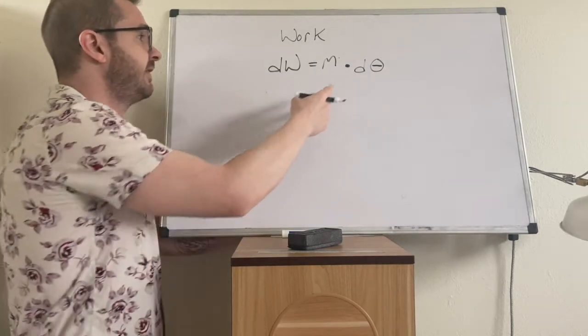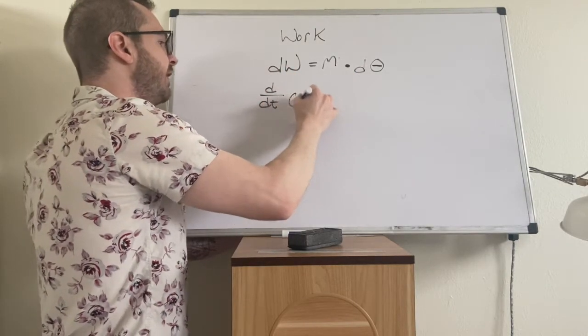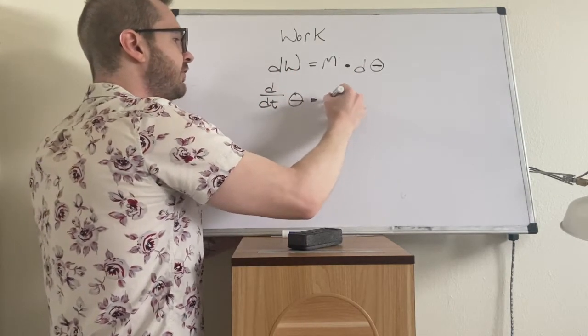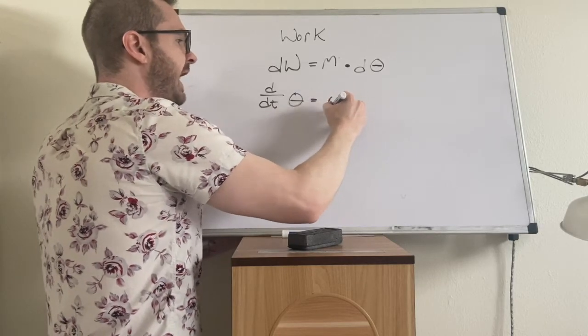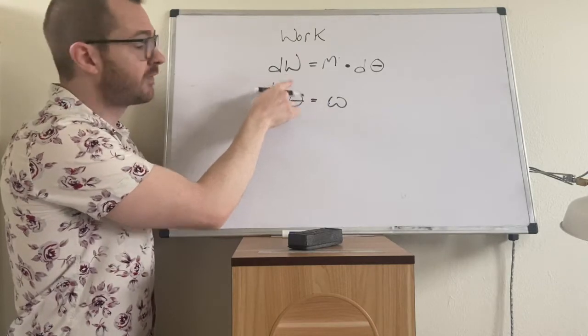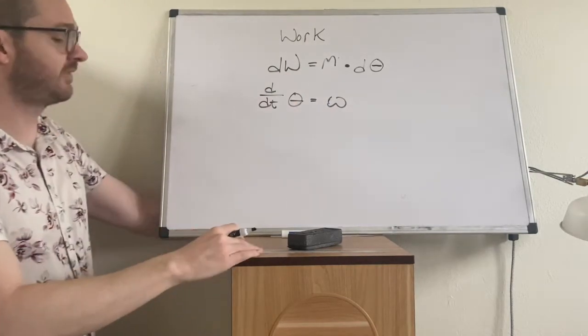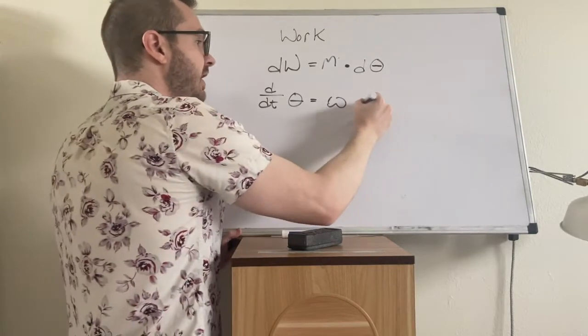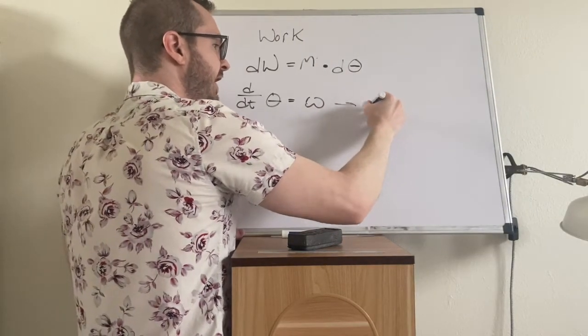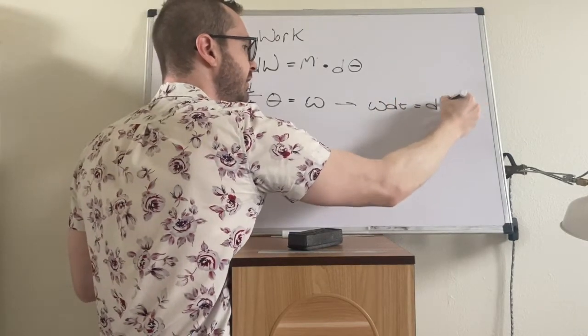Let's say that d/dt of theta, well, we've described this using angular velocity omega. And quick comment, capital W for work, Greek letter omega for angular velocity, don't get them mixed up. And we can rearrange this. We can say that omega dt equals d theta.